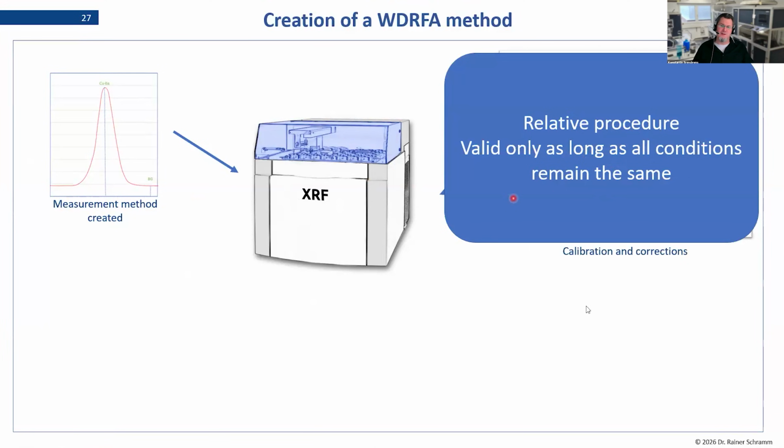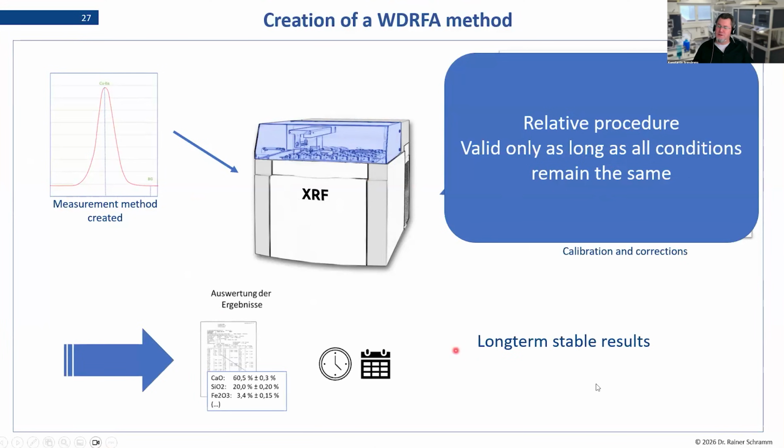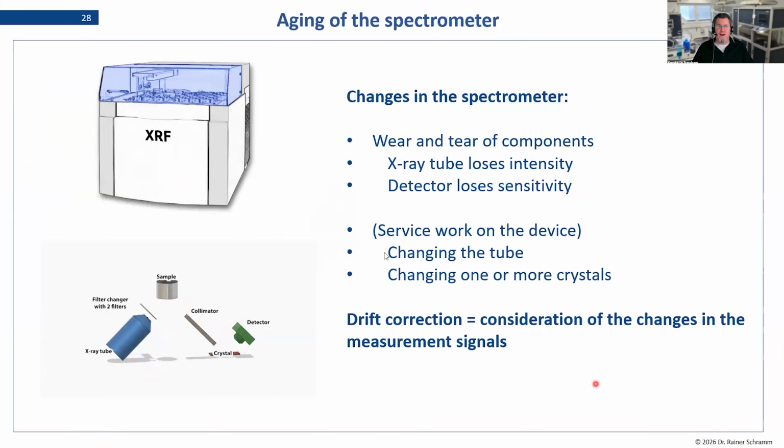So you have to think about some sort of long-term stability, and this is usually done in the case of drift correction. Drift correction monitoring samples work mostly automatically nowadays, but you have to attach it at the end of your method development.